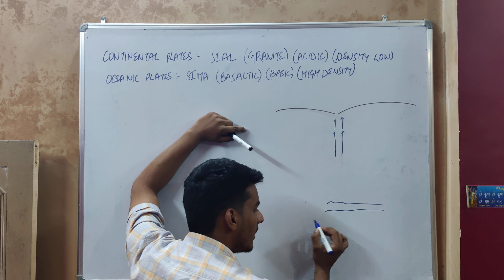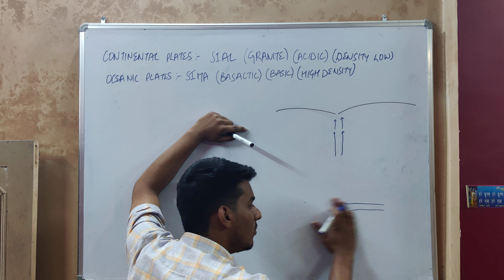Because our earth is moving, and due to Coriolis force, this magma which is in the asthenosphere is coming upwards, and when it hits this lithospheric plate, some part diverges here and some part diverges here. This is the molten magma in the asthenosphere.